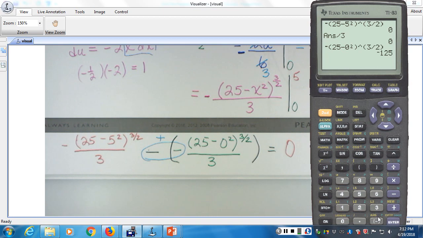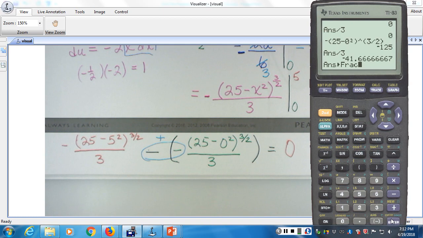That's going to be negative 125 divided by 3. And as a fraction, because the book's actually going to do it as a fraction, although there's nothing wrong with the decimal, is negative 125 over 3.